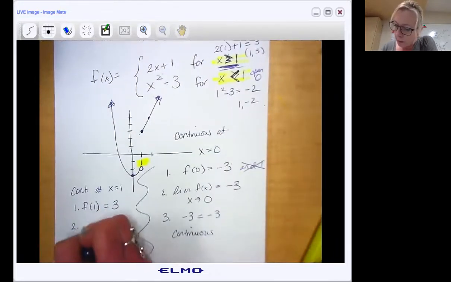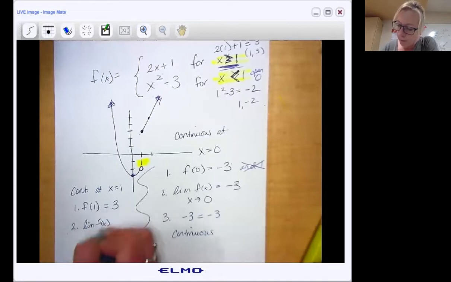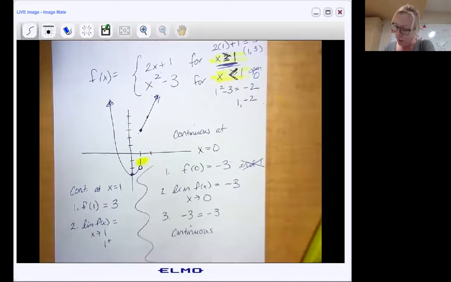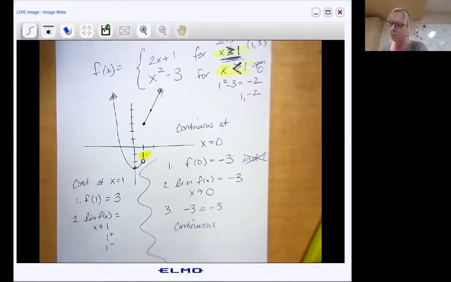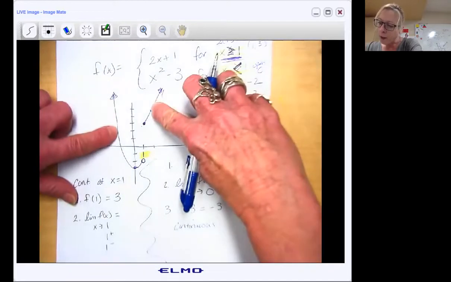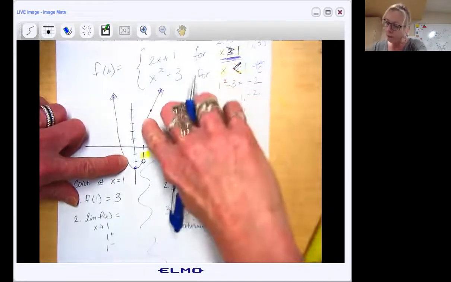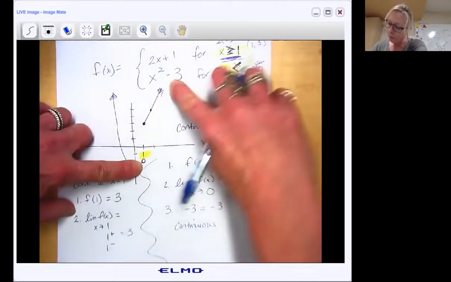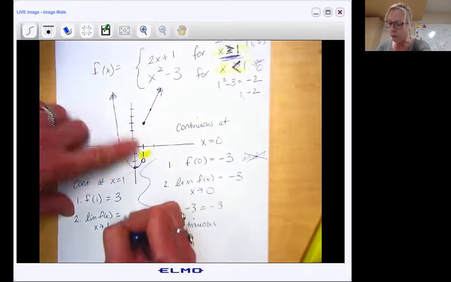Condition 2, does the limit of f of x exist as x approaches 1? Well, you've got to look at it from the positive side. You've got to look at it from the negative side. Coming in, your two ladybugs. The positive side thinks they're going to land at 3. The negative side thinks they're going to land at -2. So this limit does not exist.